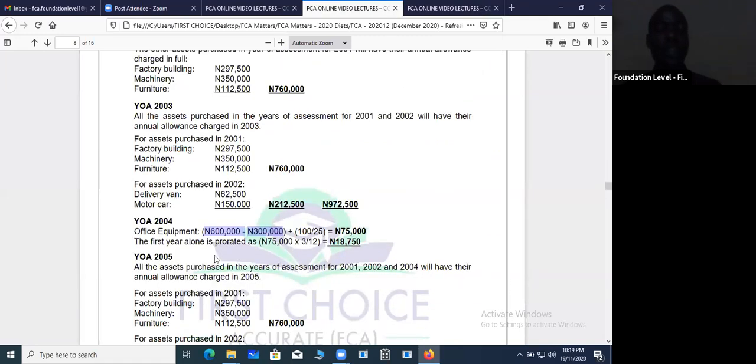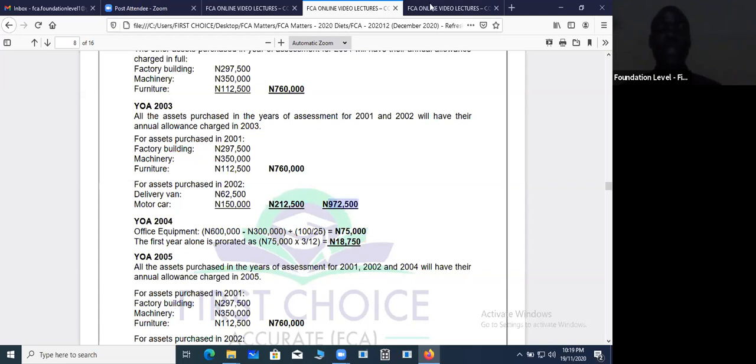Then, as if that is not enough, all the assets purchased before 2004, you bring their capital allowance. For example, for assets purchased in 2001, 760,000, assets purchased in 2002, 212,500. They add up to give you 972,500.